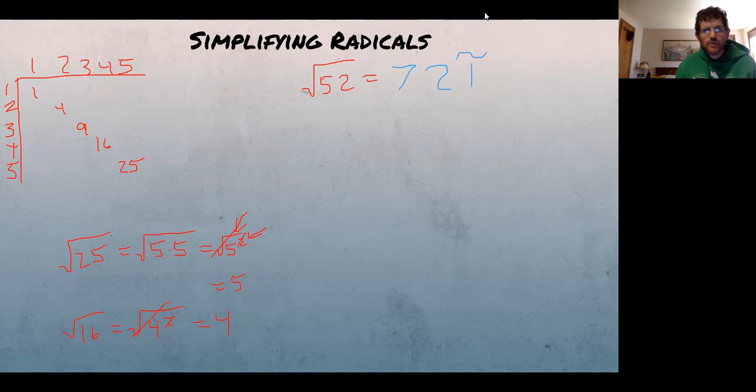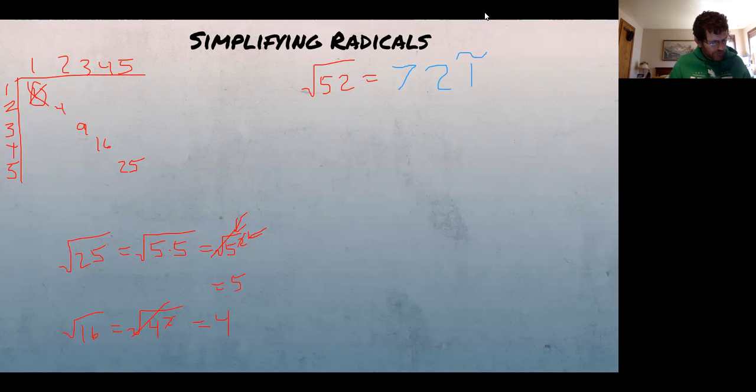Now this is not what we want to do. This is not simplifying this radical. What we want to do instead is rewrite this using perfect squares. If I look at this, I can see that 1 is a perfect square, but that one doesn't do us any good, honestly, as you'll see. I'm going to try 4.